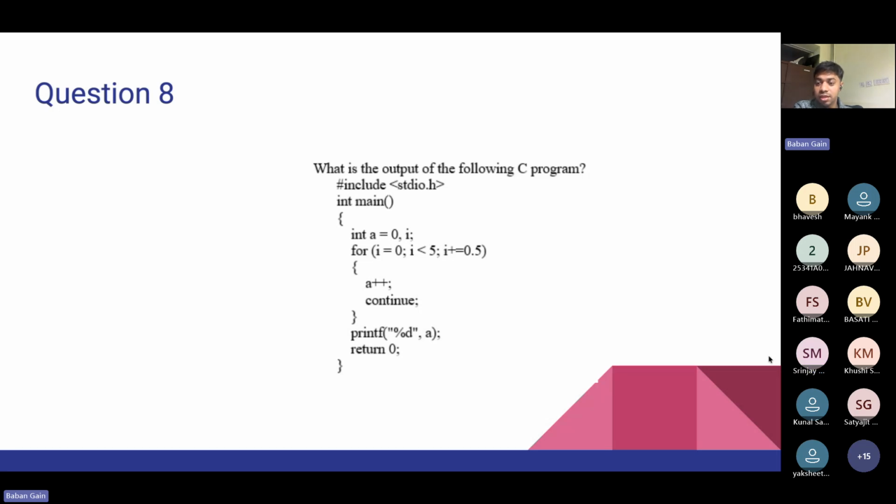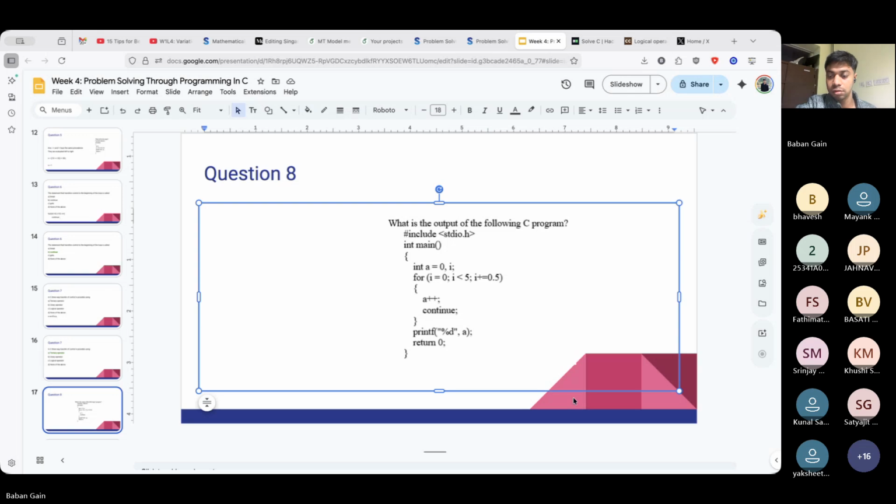So basically, what is happening here is, let me show it like this. Initially i is 0. Next it is going to the a plus plus.